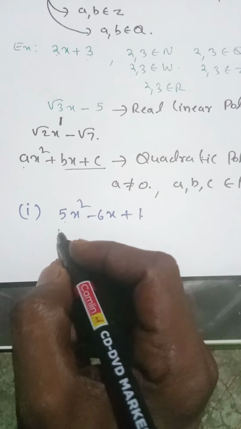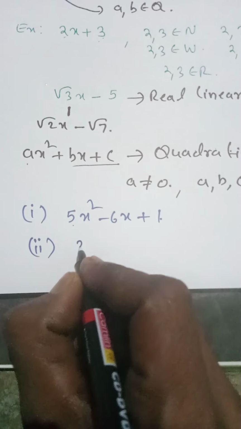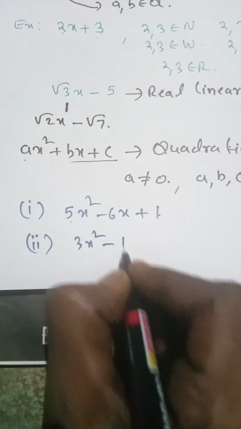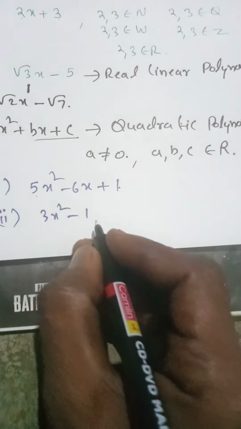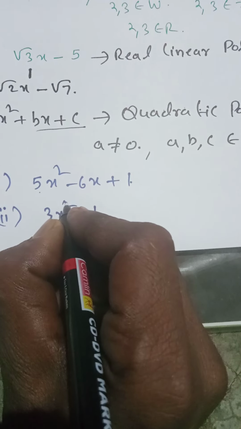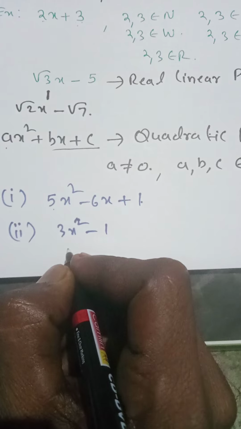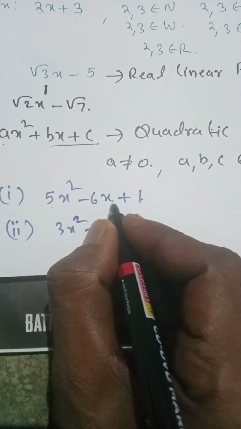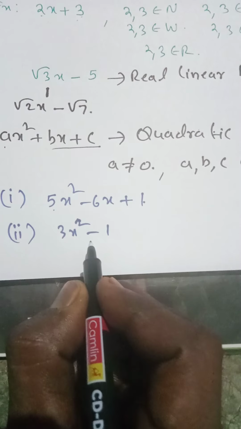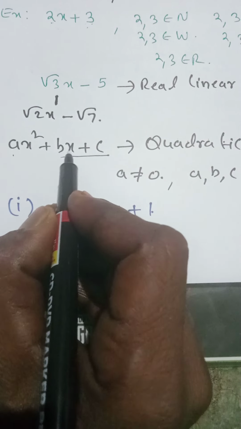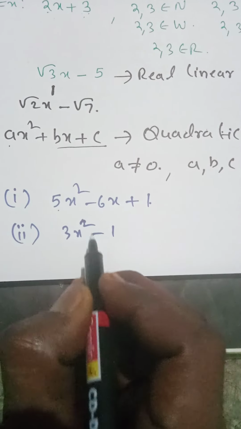Now I'll write one more example here. 3x square minus 1, is it a quadratic polynomial? Yes. Why? Because its highest degree is 2 only, and here the x term is not present, meaning in this expression the value of b is 0, and 0 into x becomes 0 only.